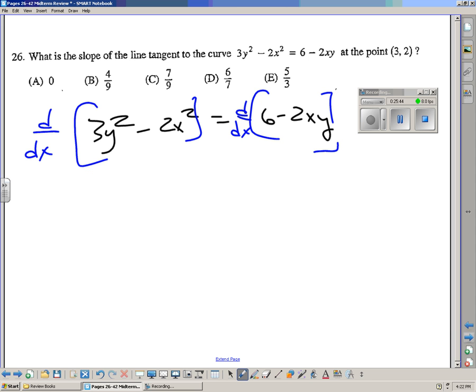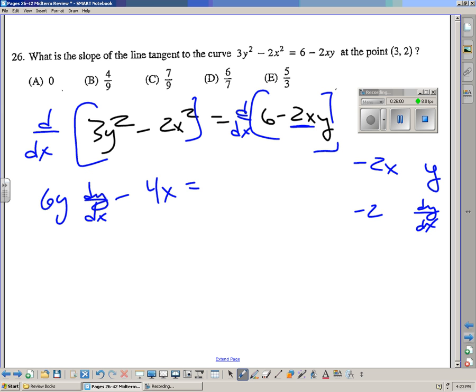So we get derivative with respect to x of 3y squared is 6y dy over dx, minus derivative of 2x squared is 4x, equals derivative of 6 is 0. When you do this, I like to lump together the negative 2 with something. Derivative of negative 2x is negative 2. Derivative of y is dy over dx. Cross it, and we get negative 2x dy over dx minus 2y for our derivative.